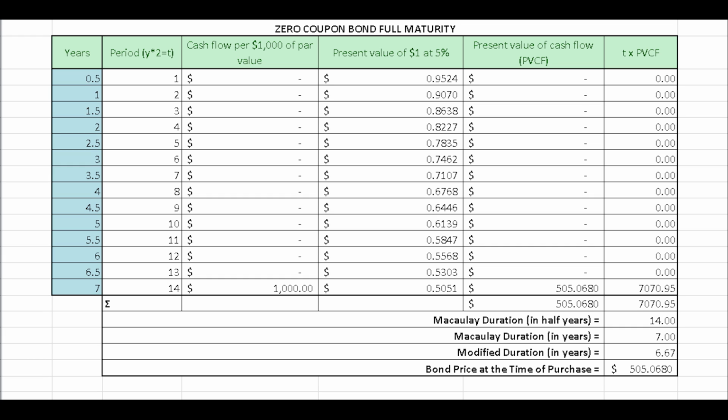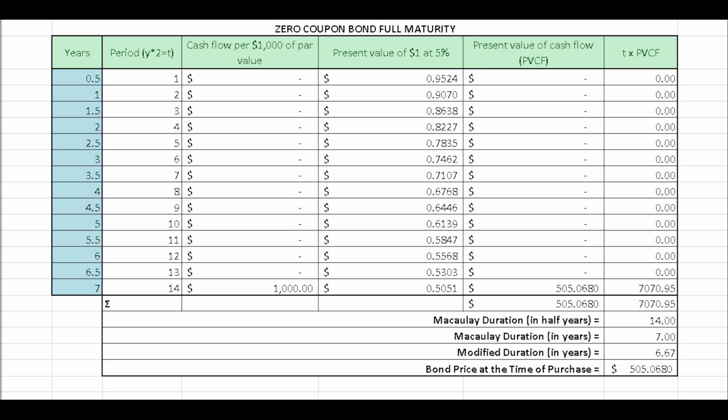From year 0 all the way through the halfway point at year 6, you receive nothing. At the end of year 7, you receive the value upon maturity, which is $1,000.